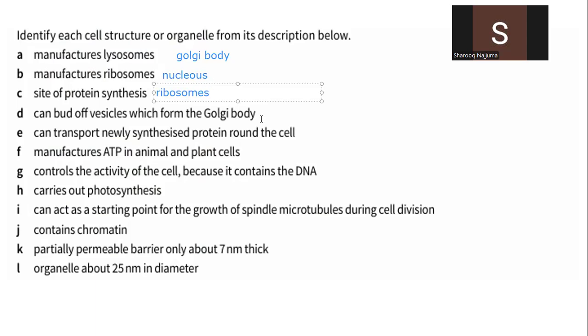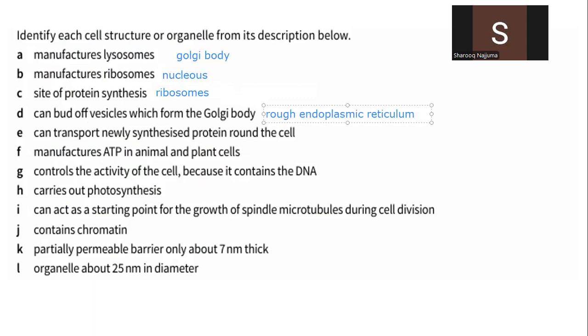Which cell structure can bud off vesicles which form the Golgi body? Nice. The answer is rough endoplasmic reticulum.